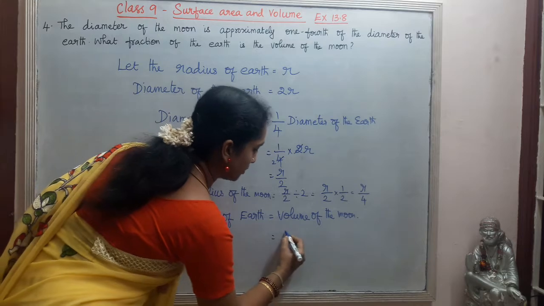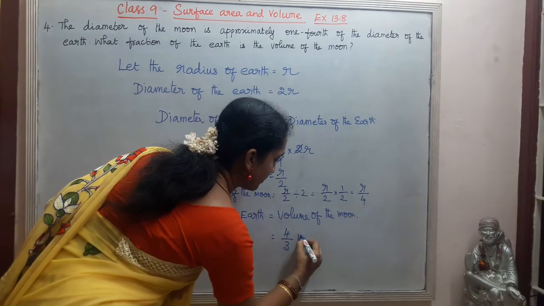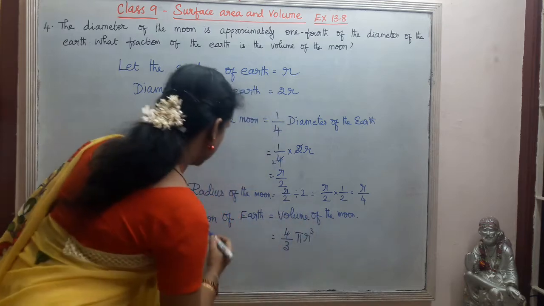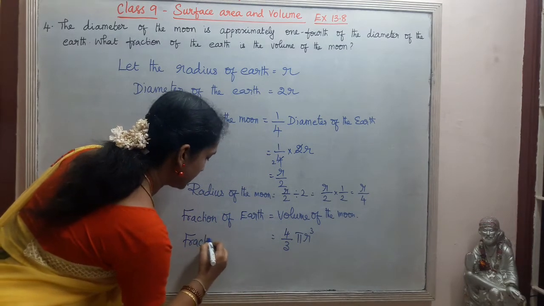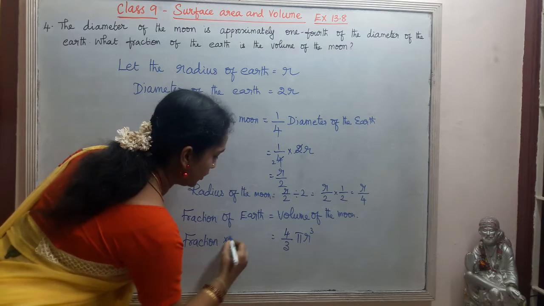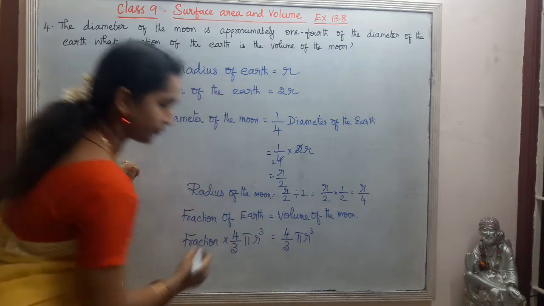So what is the volume of the moon? 4/3 pi r cube. Same way, this fraction into 4/3 pi r cube.